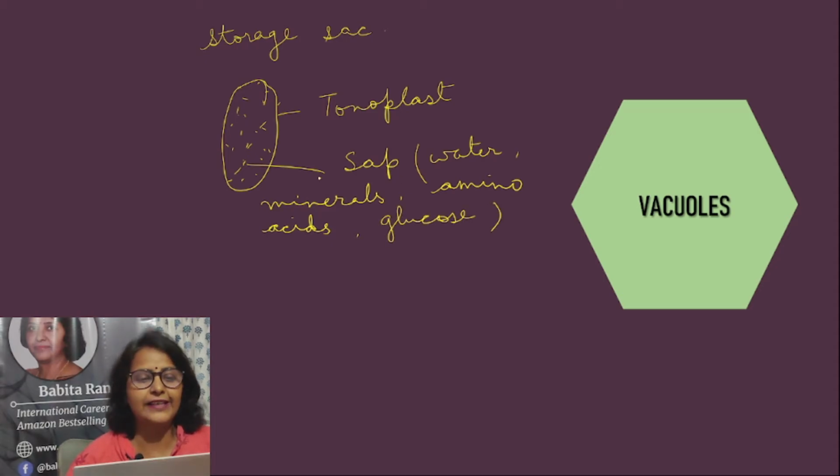So these are all present in the sap, and that is why it is known as storage sac.